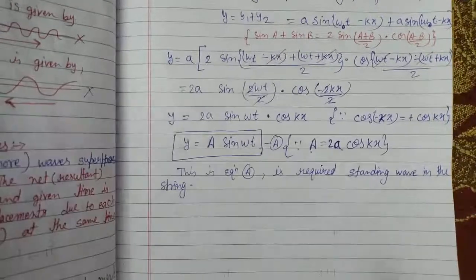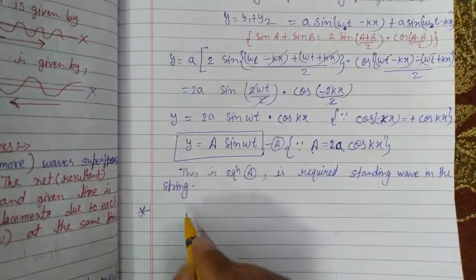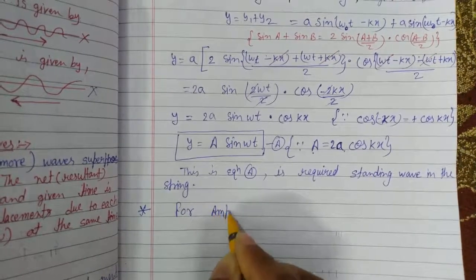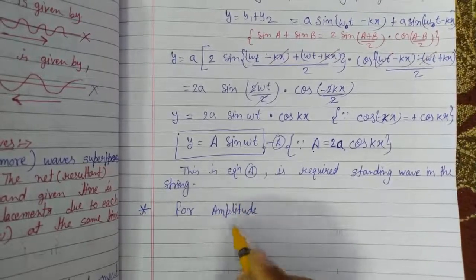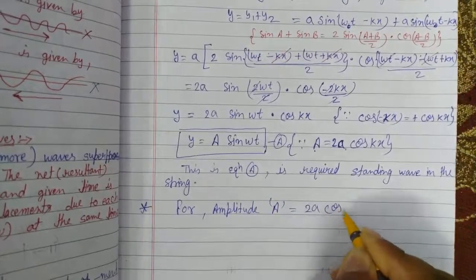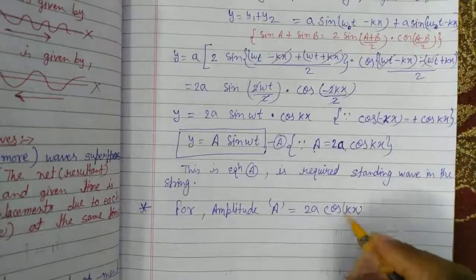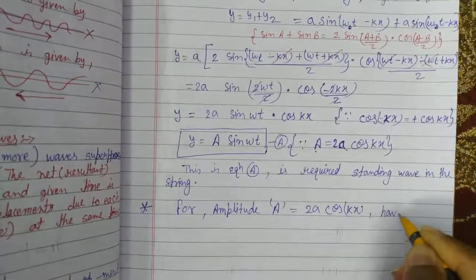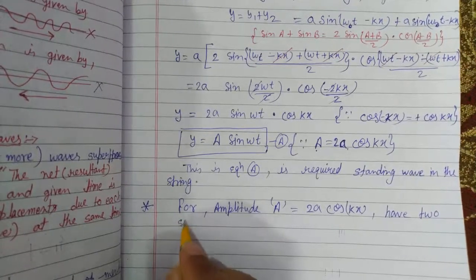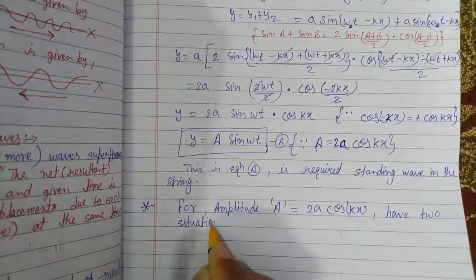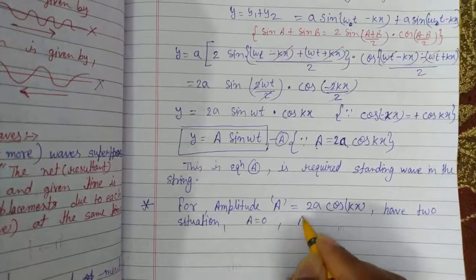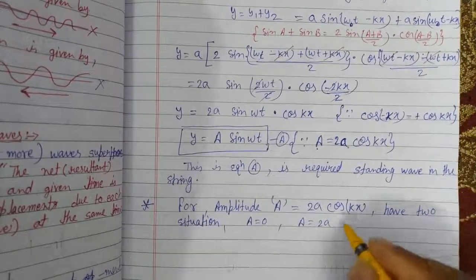Now for the amplitude, capital A equals 2a cos kx, we have two situations: either 0, or a maximum, that is 2a.